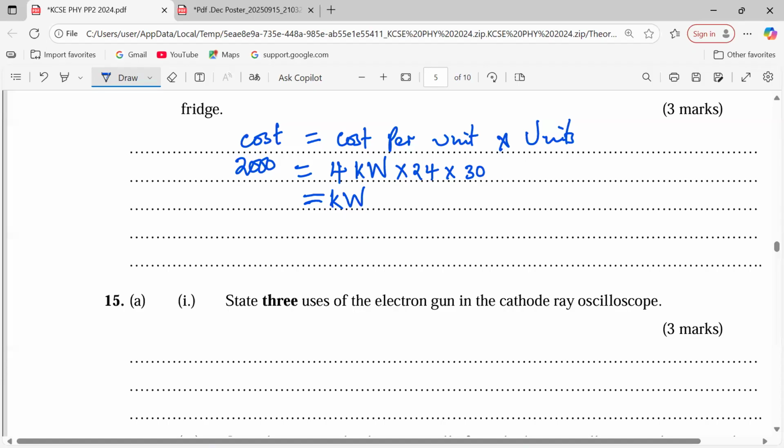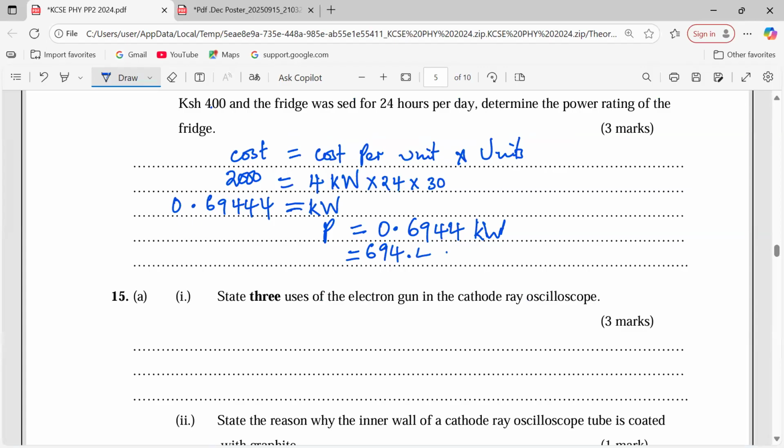This becomes 0.69444 recurring. So the power now is going to be 0.6944 kilowatts, which, when we multiply by 1,000 to make it watts, is 694.4 watts.